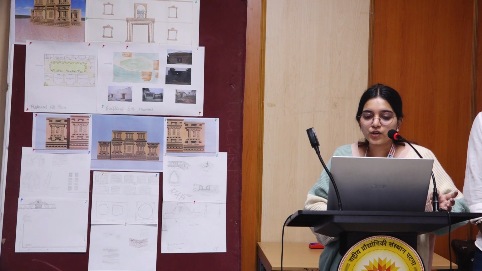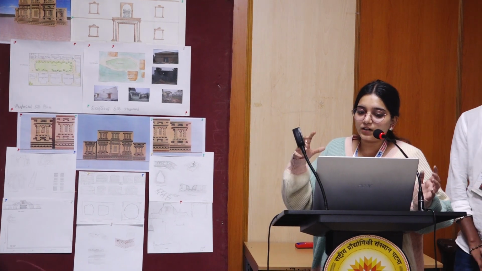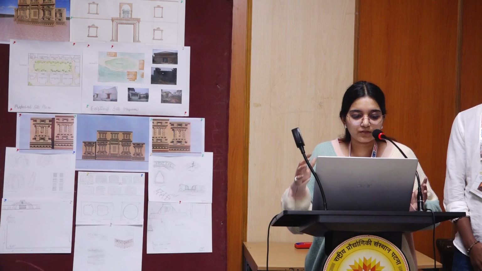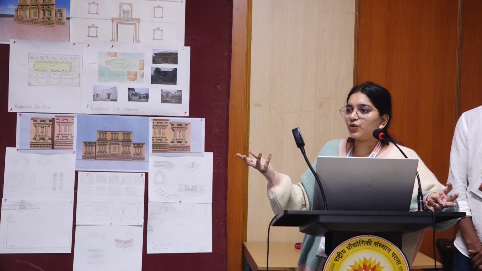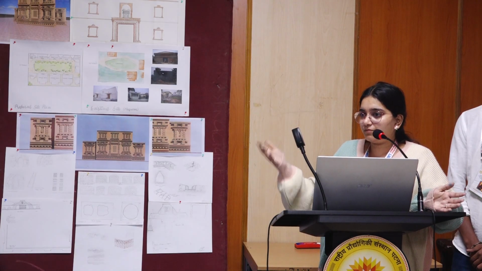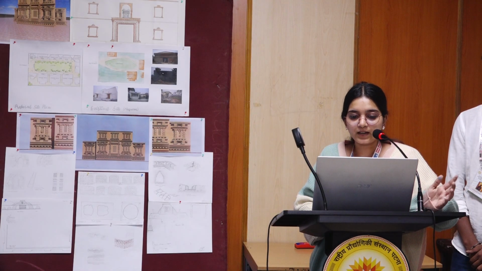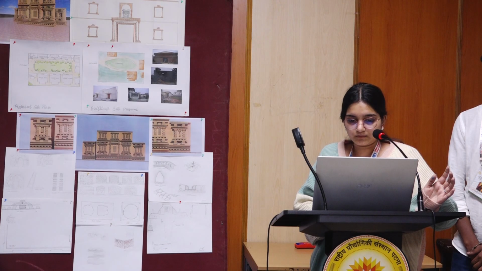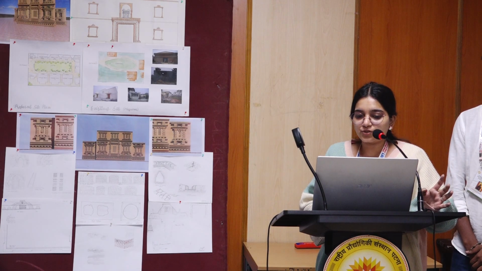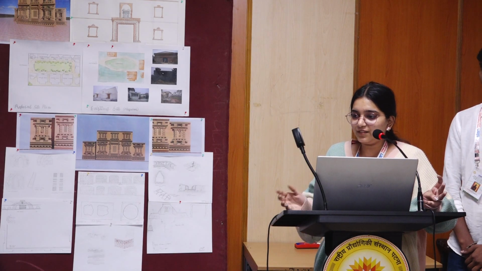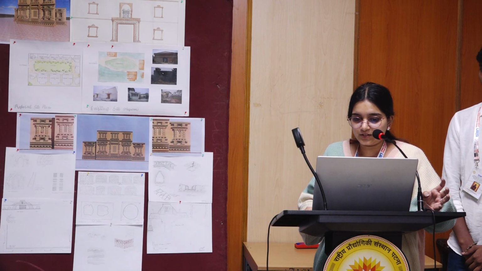So instead, we have transformed it, or incorporated it into the toilet, making it more appropriate. We added this male and female look-alike idol to distinguish between the male and female toilets. So that is it.